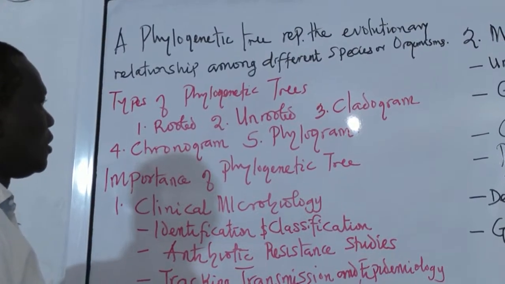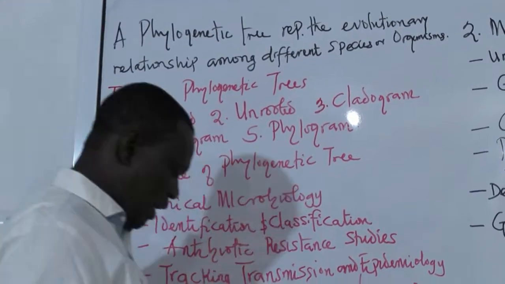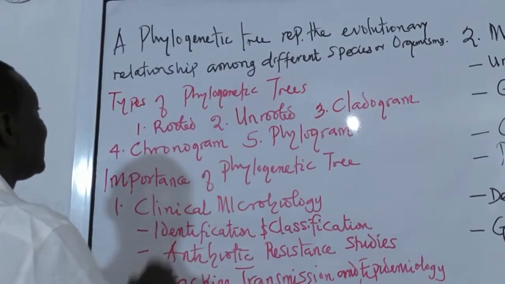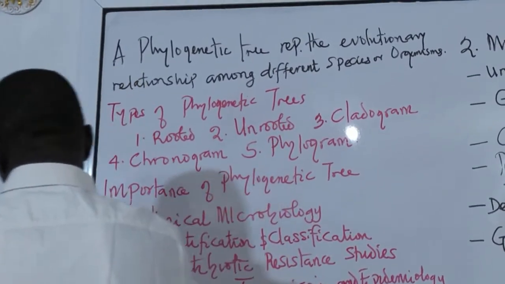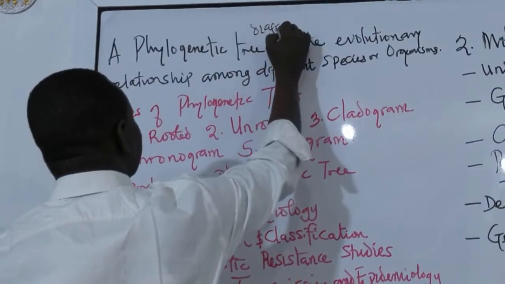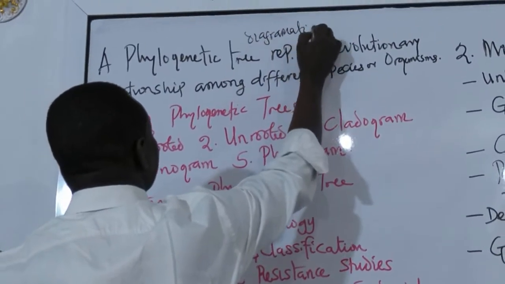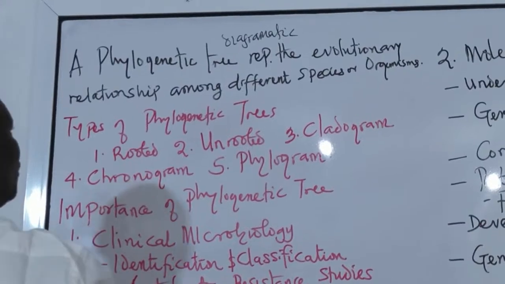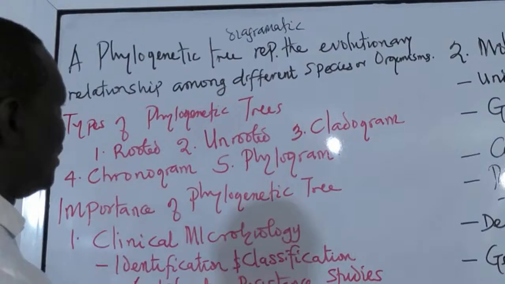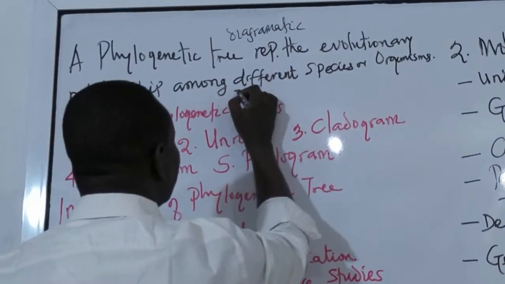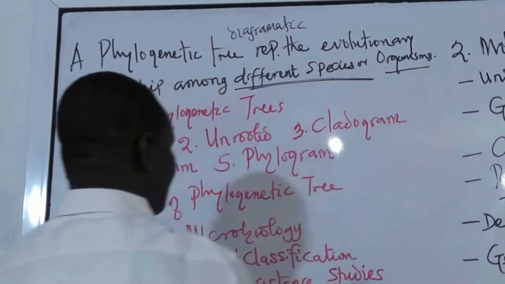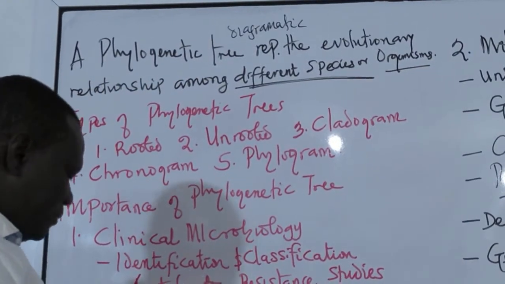Now today, so that we won't waste our time, a phylogenetic tree is a kind of diagrammatic representation which represents the evolutionary relationship of different organisms and species.